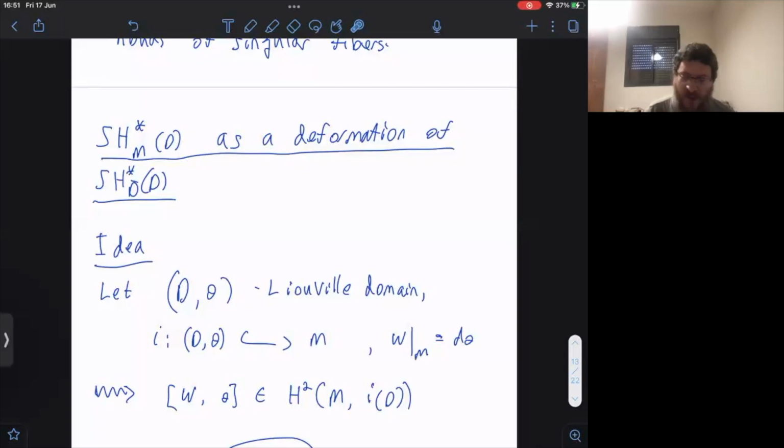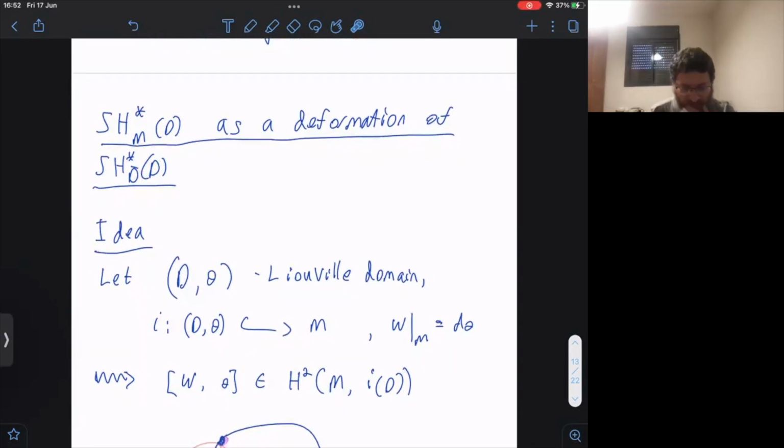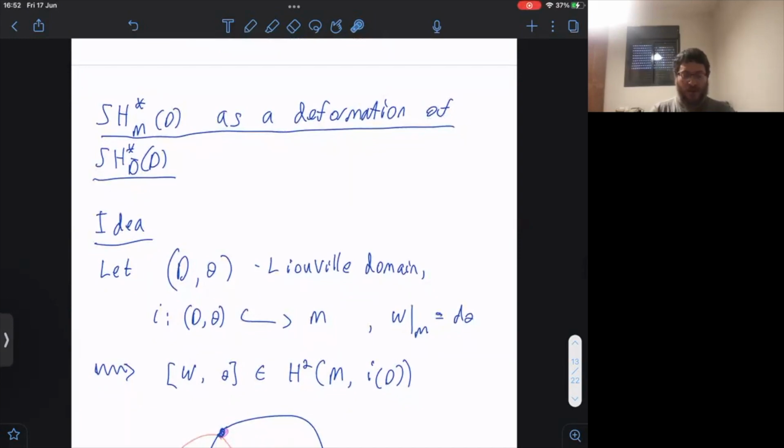You don't have a complete embedding. You have some domain D, but you are assuming that it's a Liouville domain, and we want to compare symplectic cohomology of some Liouville domain inside some manifold with symplectic cohomology of D relative to its completion D bar. That's the kind of thing we want to study.